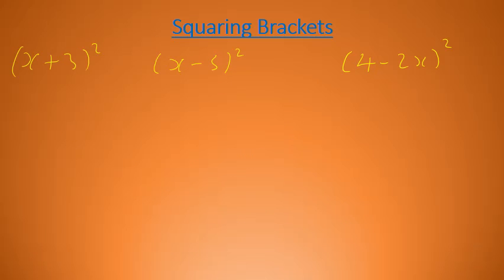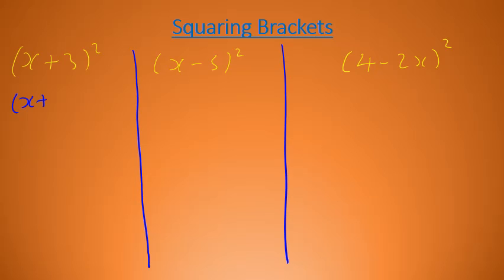Okay, squaring brackets. The first one, and I'll just break my screen into 3, this is x plus 3 and x plus 3. If you multiply through, that's x squared, that is 3x, and that is 9.